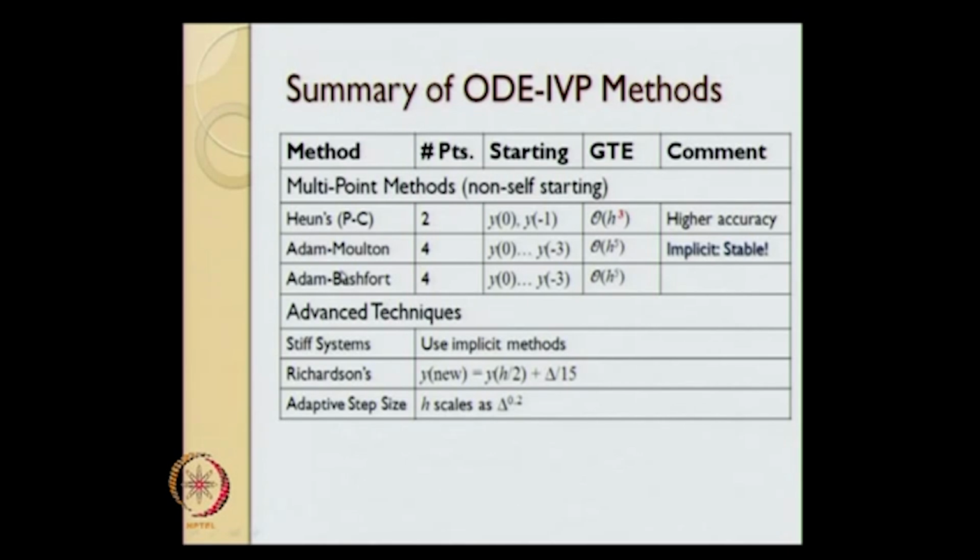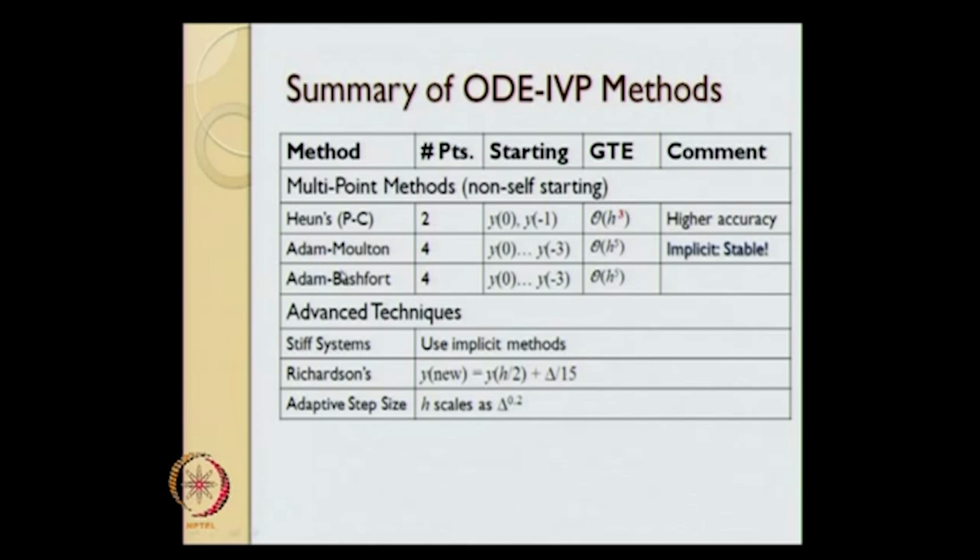The Adams-Moulton method which takes 4 points is h to the power 4 accurate. I am sorry, there is an error over here, this should be h to the power 4, and the fourth order Adams-Bashforth method is an implicit method which is again h to the power 4 accurate. We also talked about the backward difference methods.